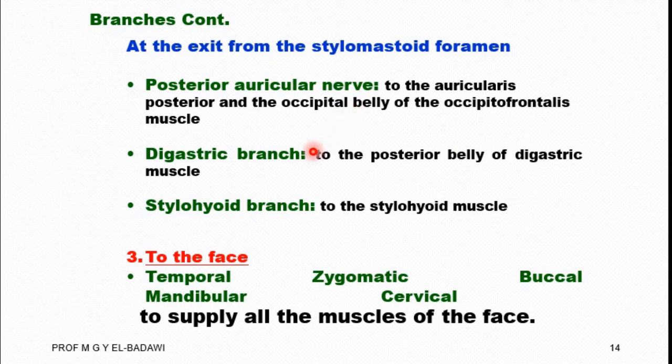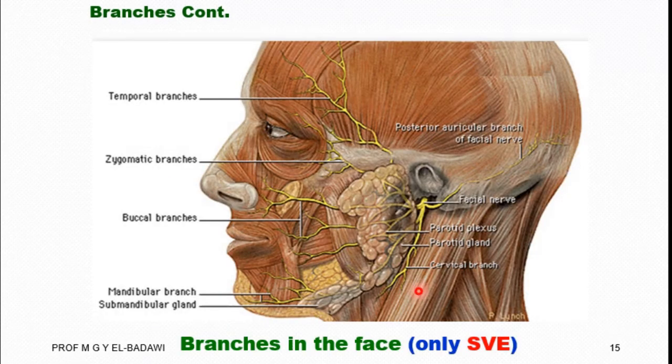Then it will give a digastric branch to the posterior belly of digastric muscle, then a stylohyoid branch to the stylohyoid muscle, ending in the temporal, the zygomatic, the buccal, the mandibular, and the cervical branches, which supply all the muscles of the face plus the platysma in the neck. Those are the branches in the face.